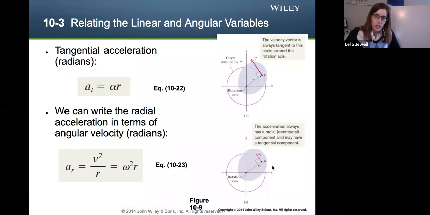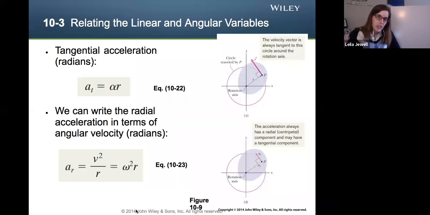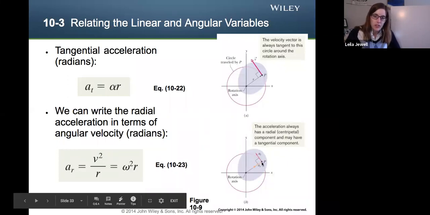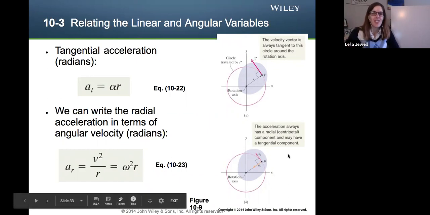This is in contrast to the radial acceleration, where the radial acceleration we could write in terms of our angular velocity. If we remember our radial acceleration, this is the one we actually already know. The radial acceleration is that inward acceleration, inward center seeking. Yeah, it's our centripetal acceleration. It's equal to v squared over r.